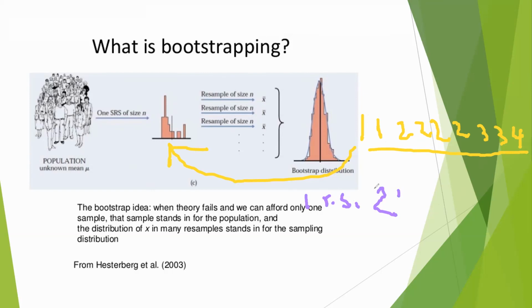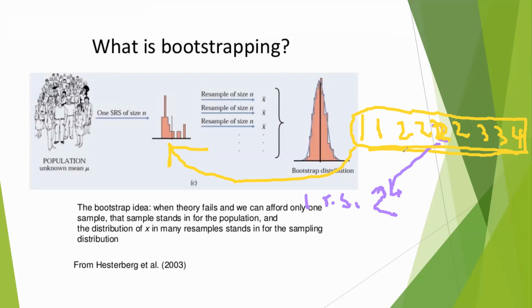Okay, now you got the first value of your resample 1, but you take this 2 from here, right? For the second value, you have to put this 2 back to the original sample, which means for the second value, you still sample a single value from the original sample.